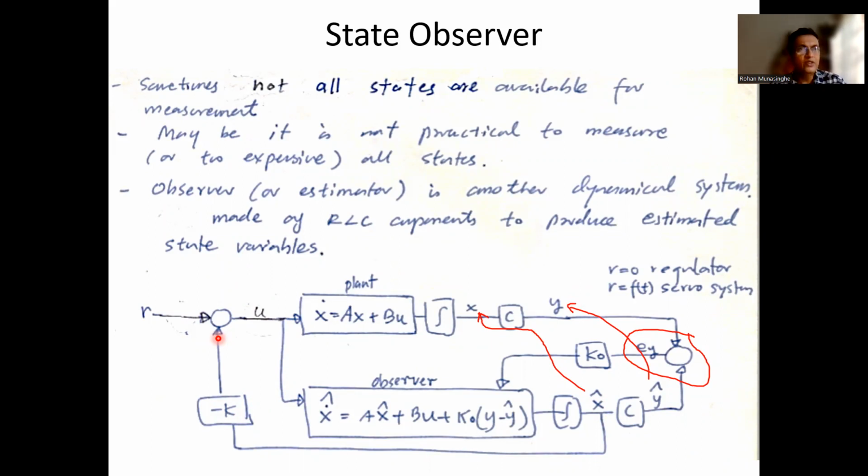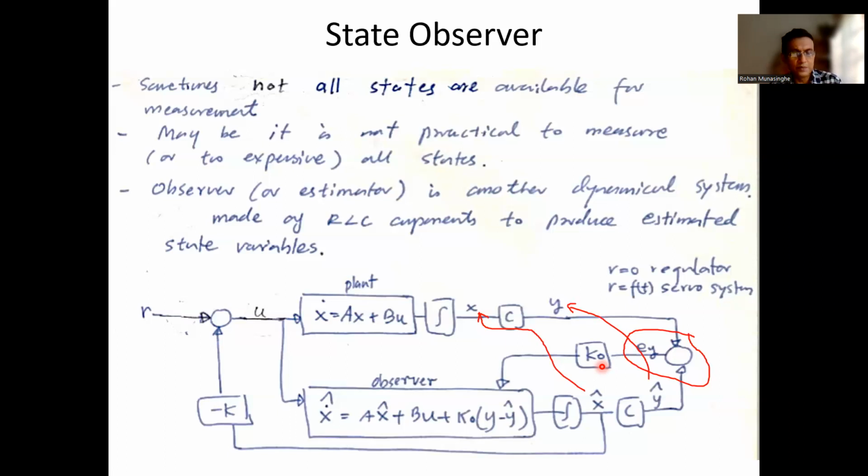Whether this is right or wrong is a question mark. You can argue: how accurate is it to use estimates, not the actual state variables, for feedback? And you can argue that the observer gains, this K0, are very high, so that if there is a difference between y hat and y, this error will be quickly reduced.